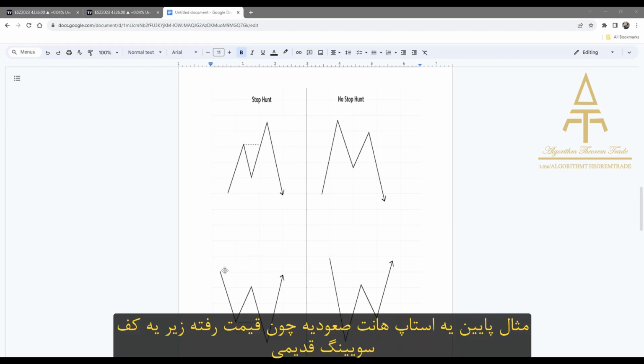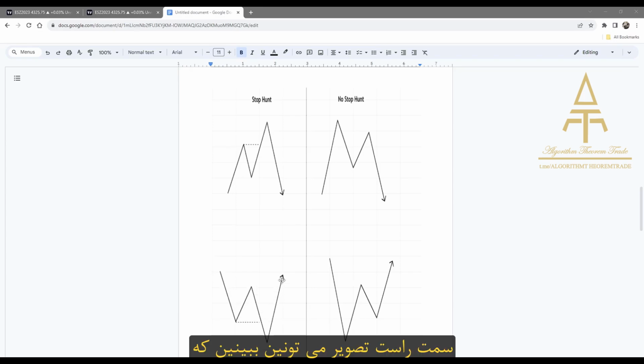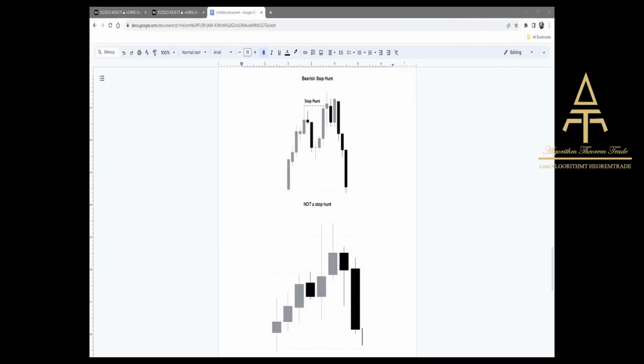The bottom example is a bullish stop hunt because price ran below an old swing low. On the right side of the screen, you can see that the bearish example did not run above the old swing high. Same thing for the bullish example. Price was not able to run below the old swing low.